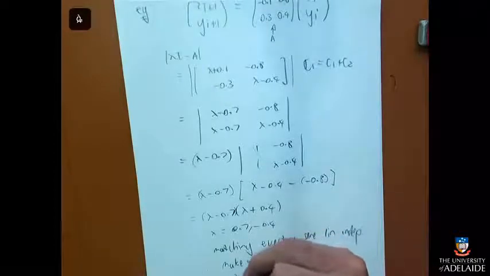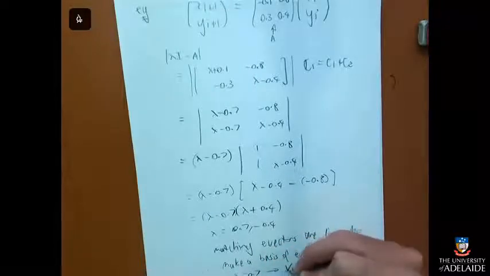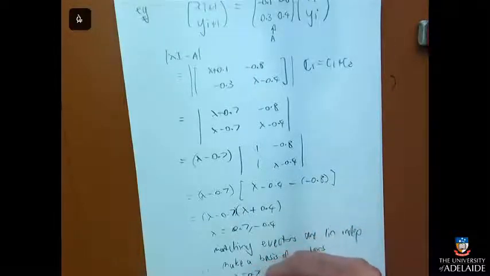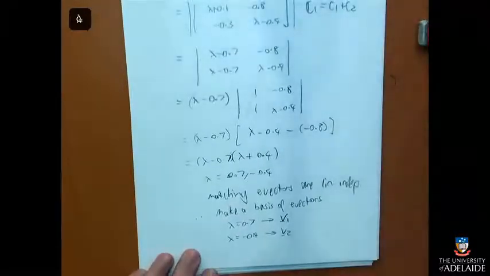So I'm going to have lambda equals 0.7 goes with V1, and lambda equals minus 0.4 goes with V2.